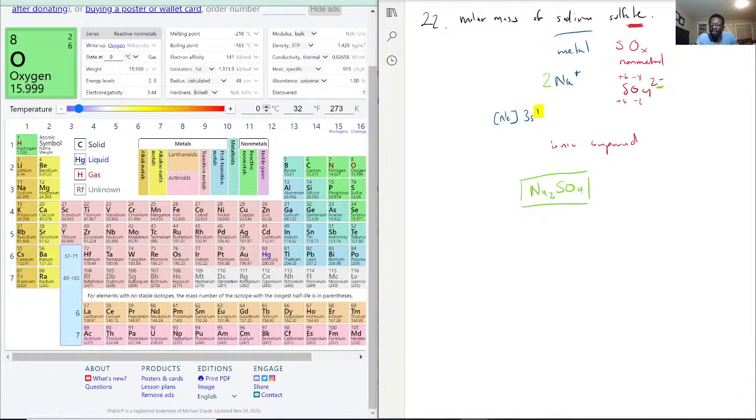So with that being said, they're asking for the molar mass. So get the constituents: 2 Na times 22.990, 1 sulfur times 32.06, and 4 oxygen times 15.999.